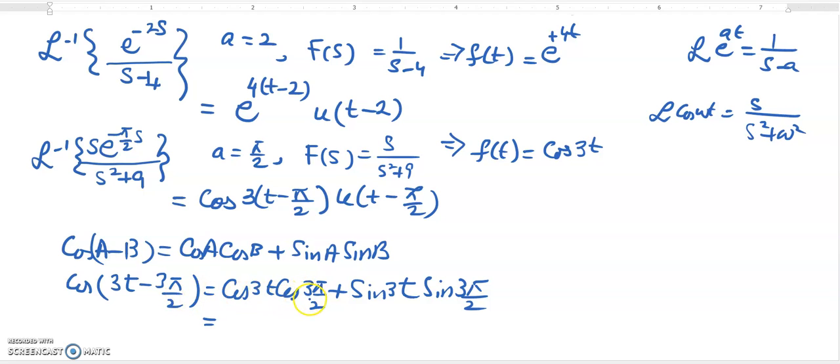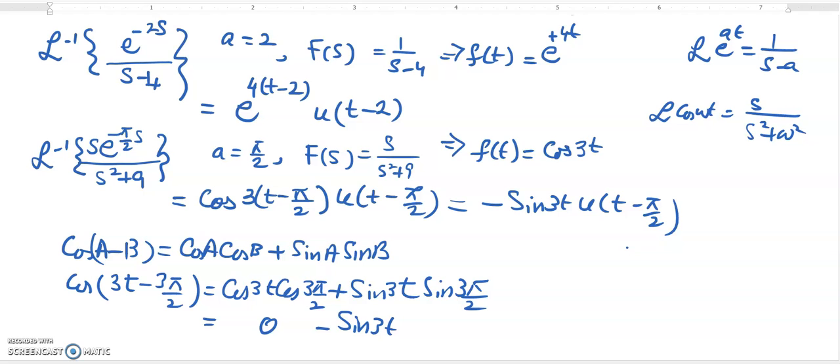Since cosine of 3 pi by 2 is 0, this term will be 0, and sine of 3 pi by 2 is minus 1. So this term will reduce to minus sine 3t. We can write it as minus sine 3t into u of t minus pi by 2 as our Laplace inverse of this function.